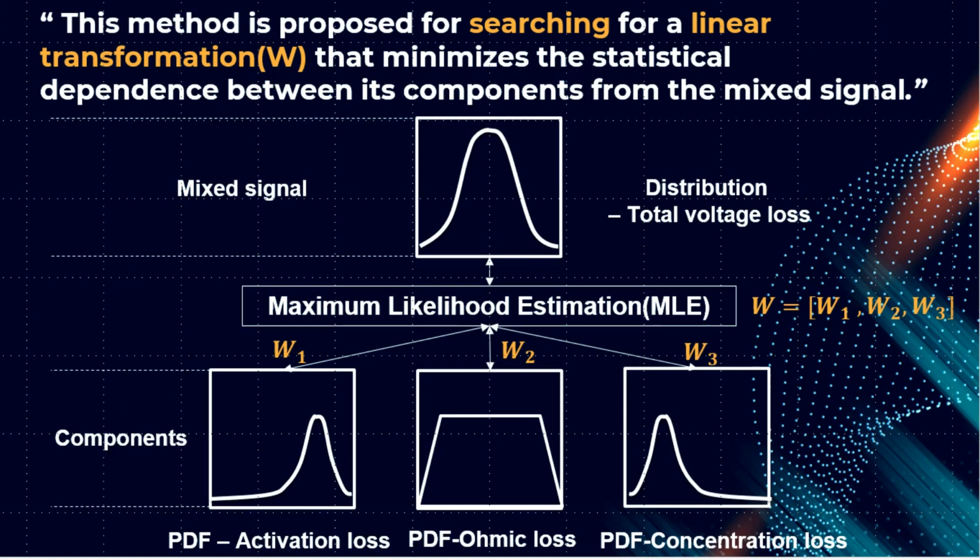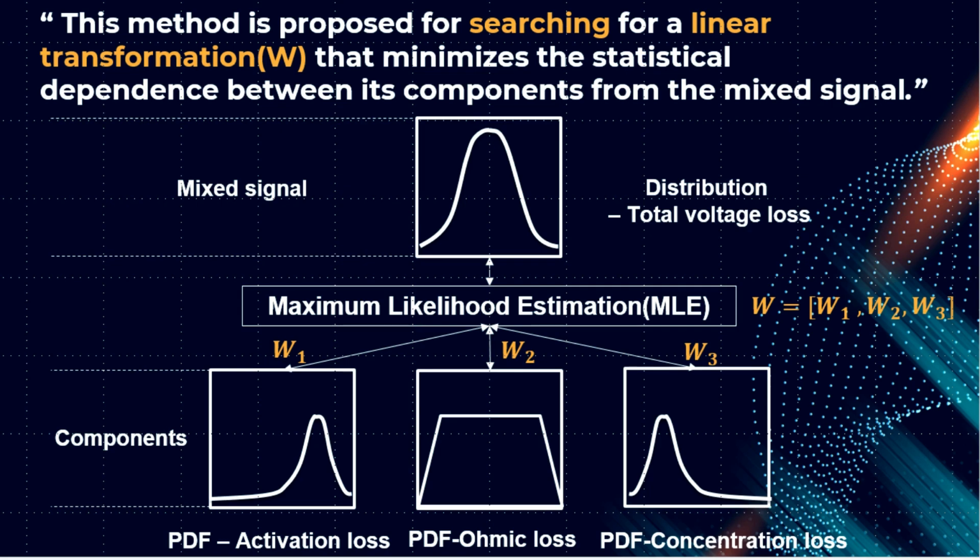Now it is possible to consider how to apply the method to fuel cell loss component analysis. In the proposed method, the mixing signal is the total voltage loss obtained from the performance curve, that is, the IV curve.